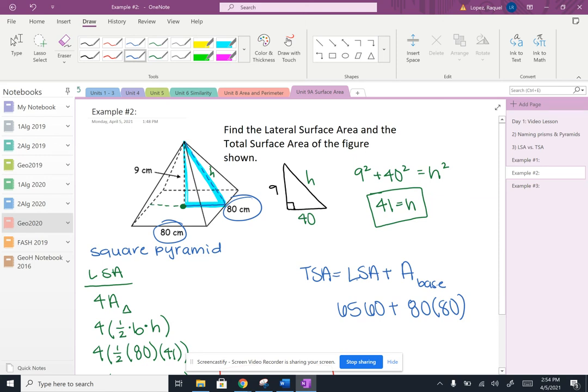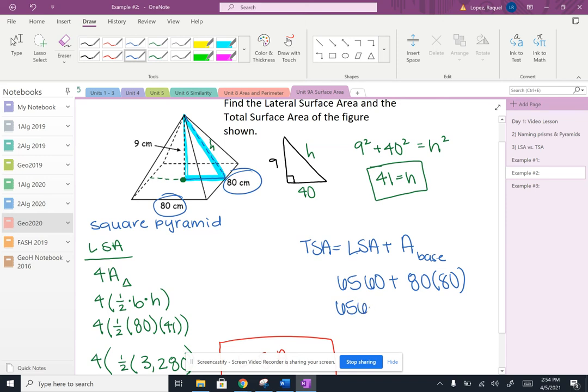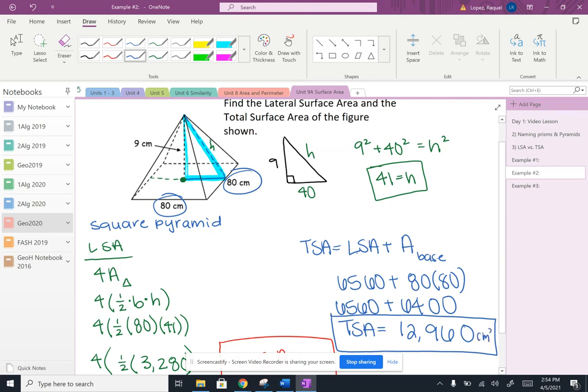So 80 times 80 is going to give us 6,400. And then I just add those two numbers together for a grand total of 12,960. So that's my total surface area, centimeters squared.